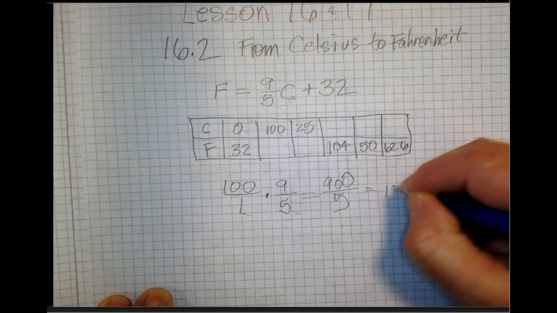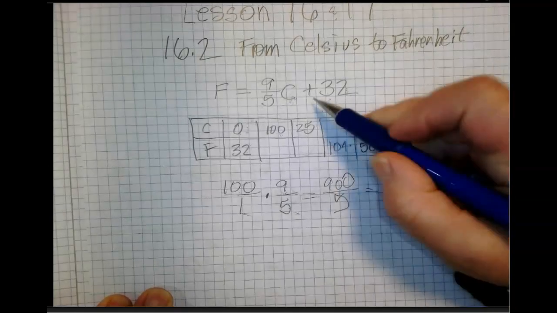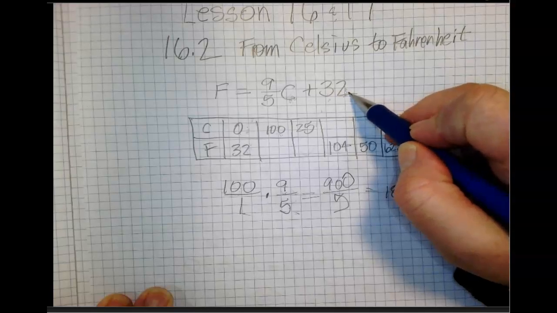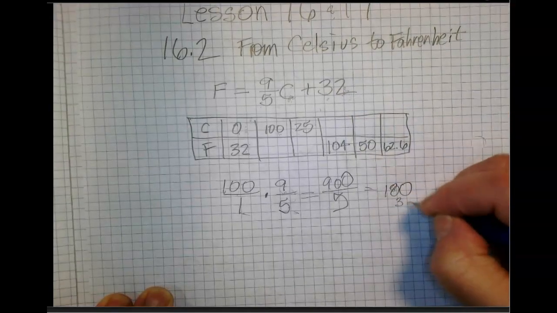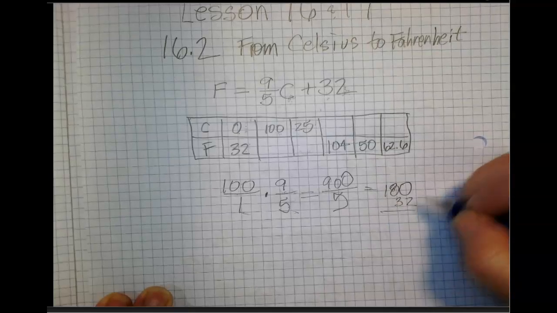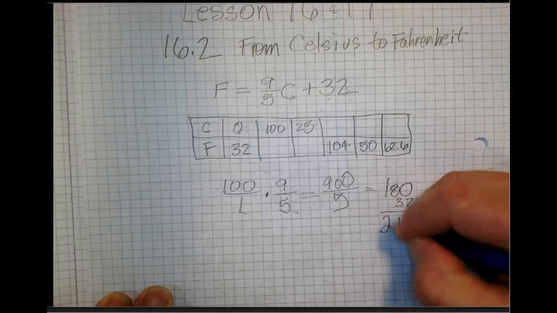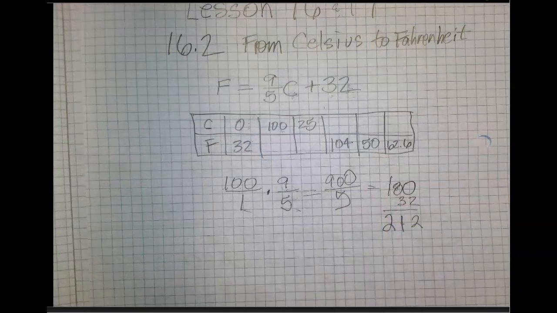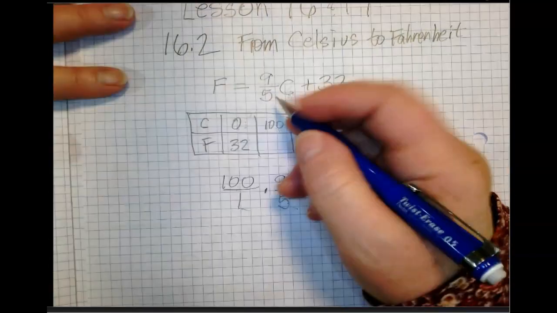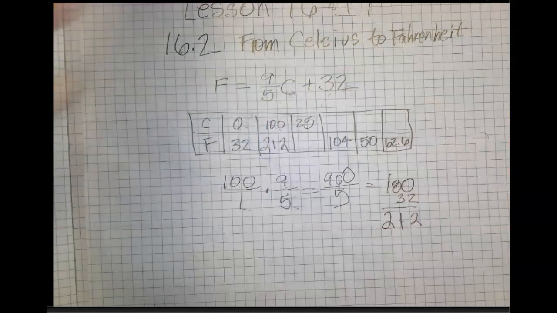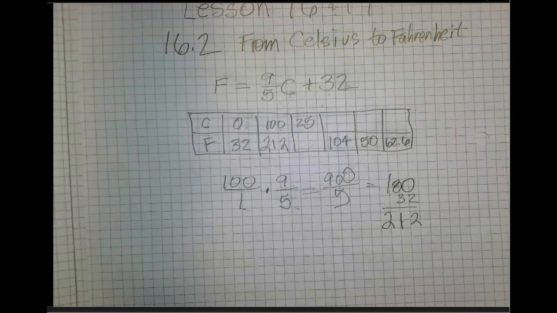Okay? So now I have 180 degrees, and I'm going to add 32 to it. That gives 212. So when you have 100 degrees Celsius, you have 212 degrees Fahrenheit.